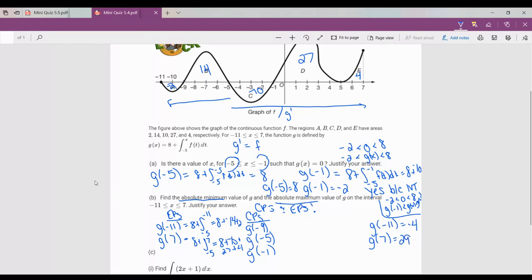Then we keep going. g of negative 9 equals 8 plus the integral from negative 5 to negative 9. We're traveling backwards once again, so we do 8 plus negative 14, and g of negative 9 equals negative 6.